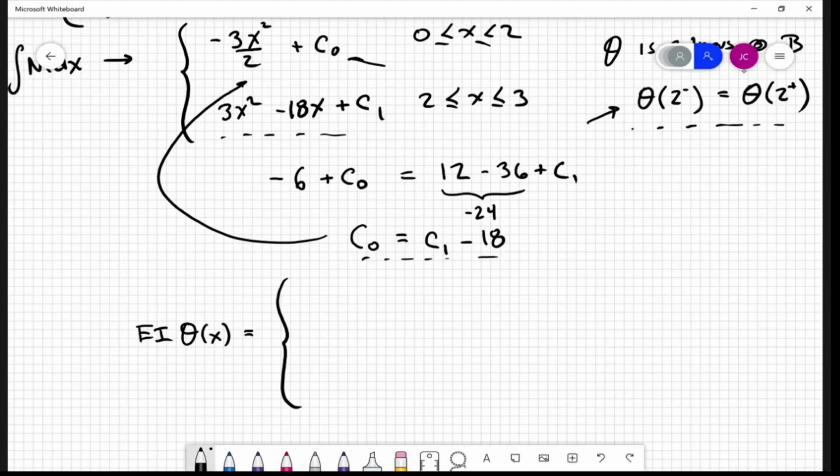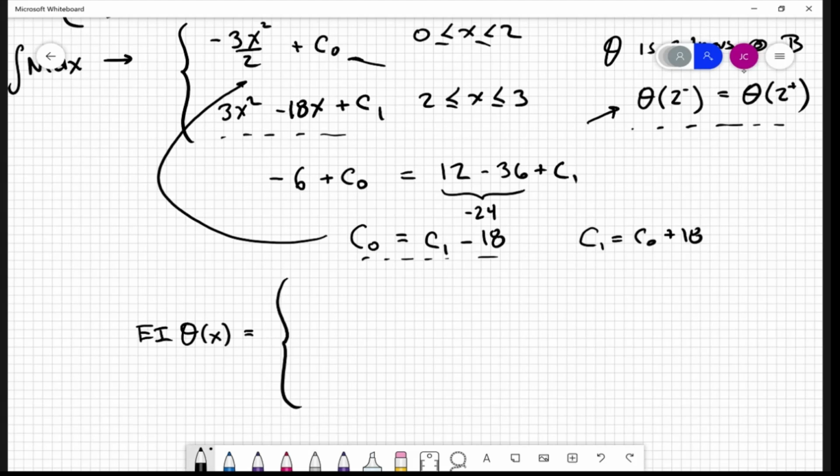Well, if I put it for C1, it doesn't do any good, does it? C1 is C0 plus 18. Maybe that looks a little bit nicer. If I put in C1 equals C0 plus 18, that way I'll get the 18s at least in the bottom equation, and I can pull that out for whatever it's worth.